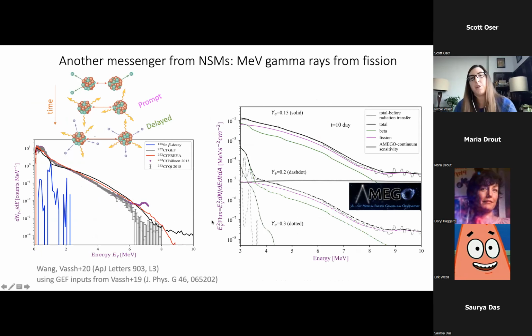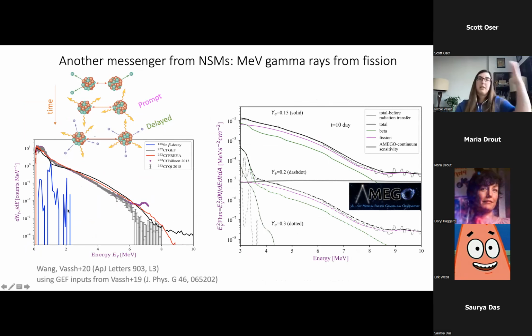Another thing that I wanted to bring up was MeV gamma rays. Of course, we would need a galactic merger for this, but nevertheless, I would like the community to be aware of it. We found that any gamma ray above 3.5 MeV from a neutron star merger is likely coming from a fission product, okay?